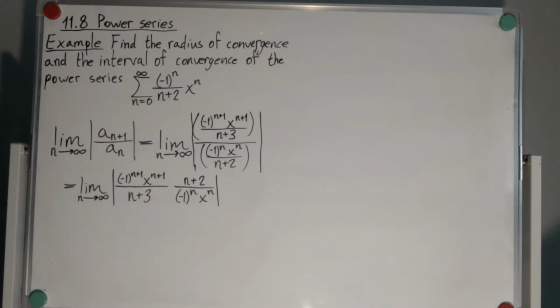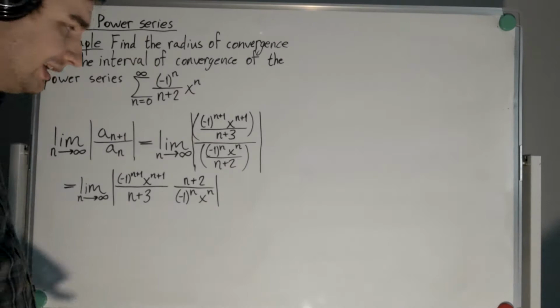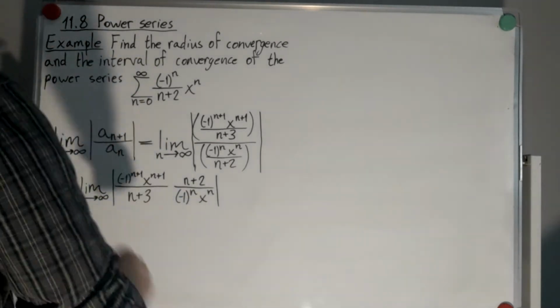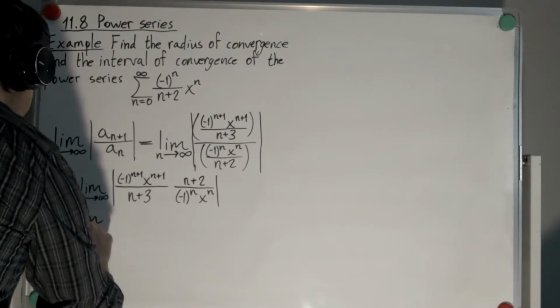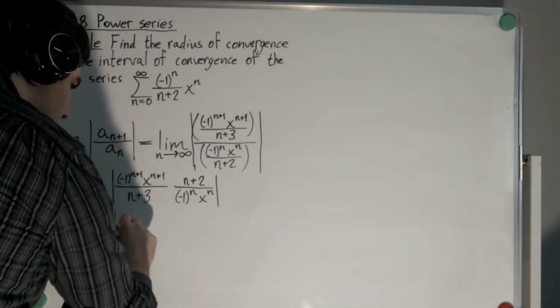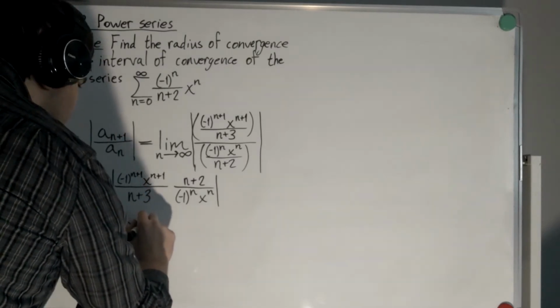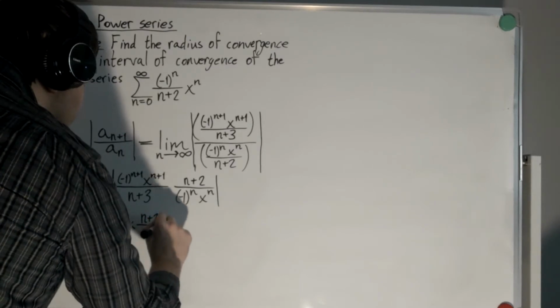If this is what you're dealing with, n copies of -1 cancel, and also n copies of x cancel. So what we're left with is the limit as n approaches infinity of the absolute value of -1 times x times n plus 2 divided by n plus 3.